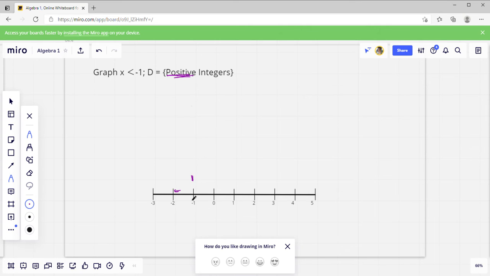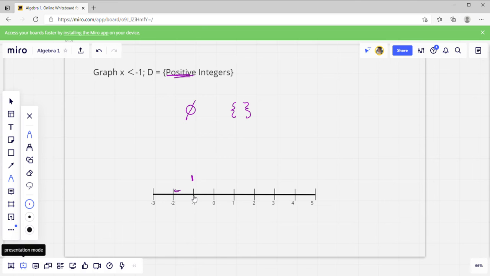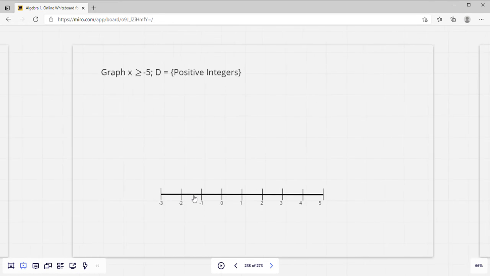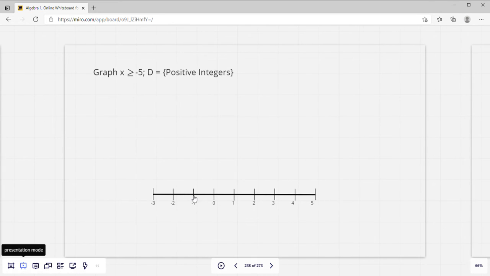So the answer to this one would be the null set or the empty set. For the null set, we draw a circle with a line through it. It means there are no numbers in that. Or you could just draw a set with nothing in it. So basically there are no numbers that fill that equation.